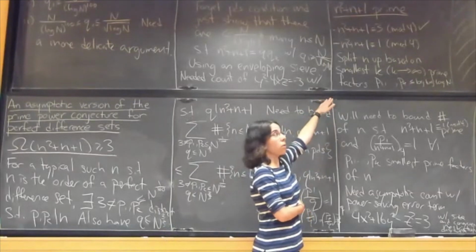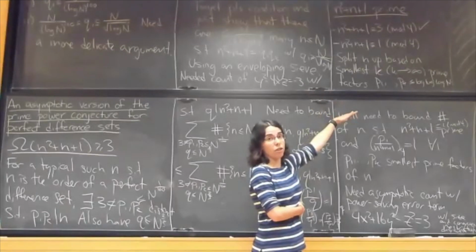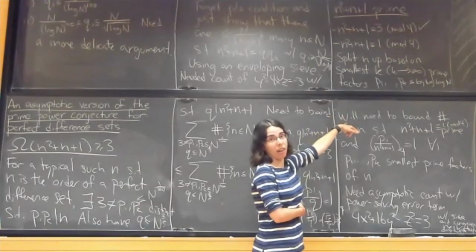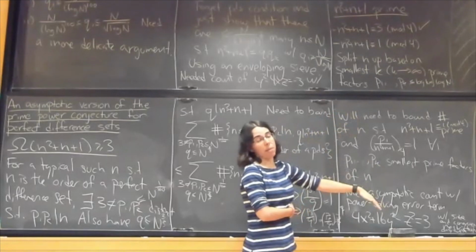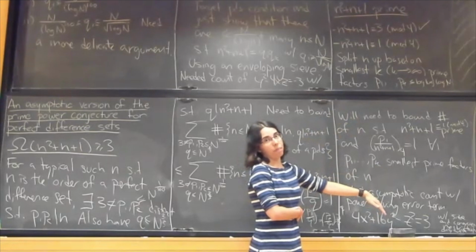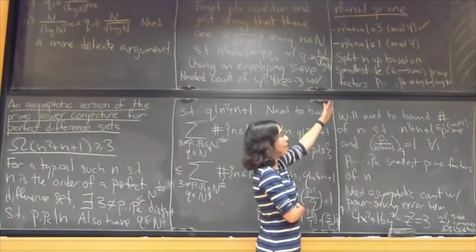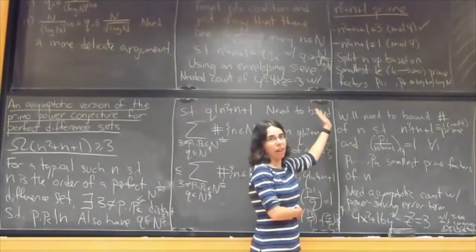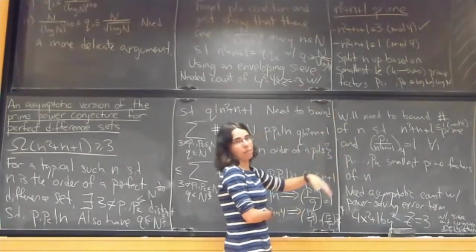So I need k to go to infinity really slowly to make sure that the ones that don't have k many prime factors below log log log are actually smaller than my main term. So it's in that mess. And I needed log log log, so if I did log log, then some bound ends up being too big. And Vinogradov's half-dimensional sieve, are you familiar with that?